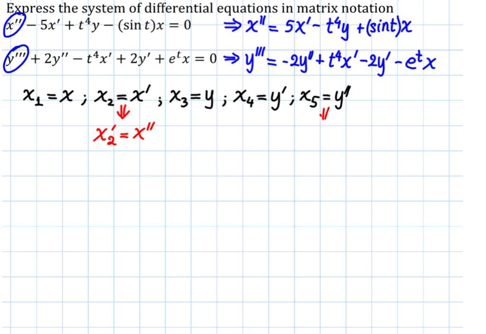If we take the derivative on both sides, x5 derivative is equal to y triple prime. All right. Now, this equation I will rewrite using all the substitutions we just have.